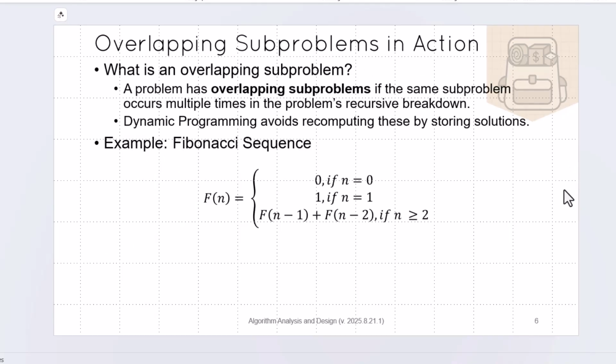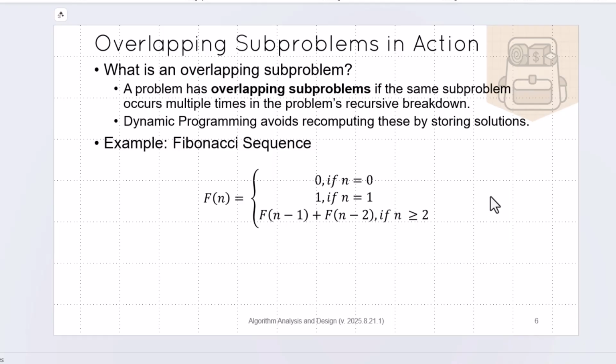So overlapping subproblems in action. What is ultimately an overlapping subproblem? A problem has overlapping subproblems if the same subproblem occurs multiple times in the problem's recursive breakdown. Dynamic programming avoids recomputing these by storing solutions. An example is our friend the Fibonacci sequence that we've seen before.